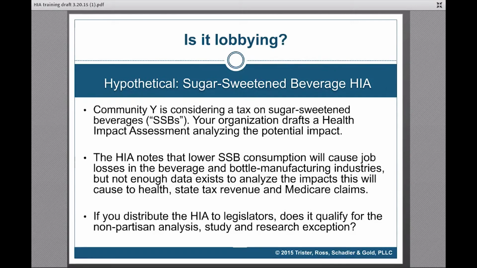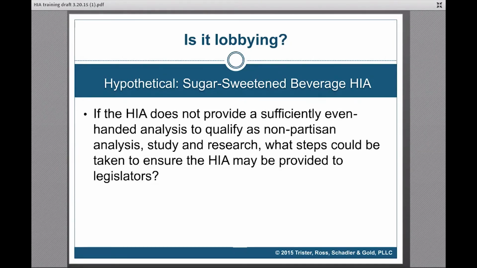Essentially, it's like any other advocacy publication, you're coming down on one side of an issue, but you're getting it out broadly so that people can use that for an incidental lobbying expense later on down the line.